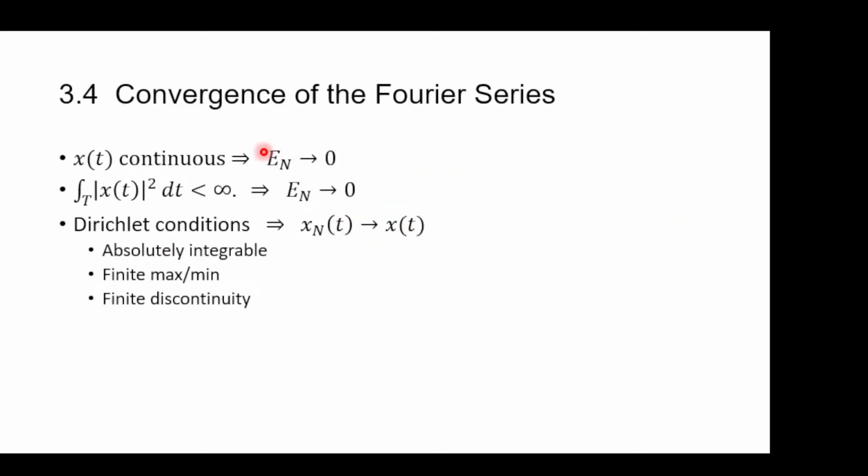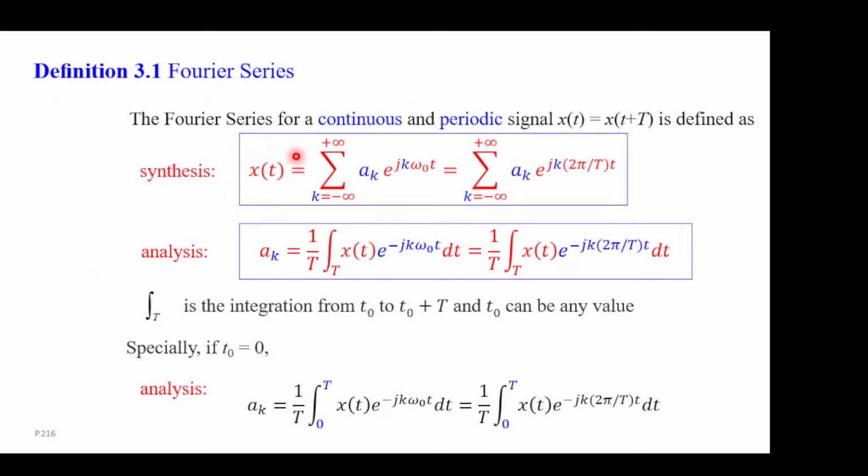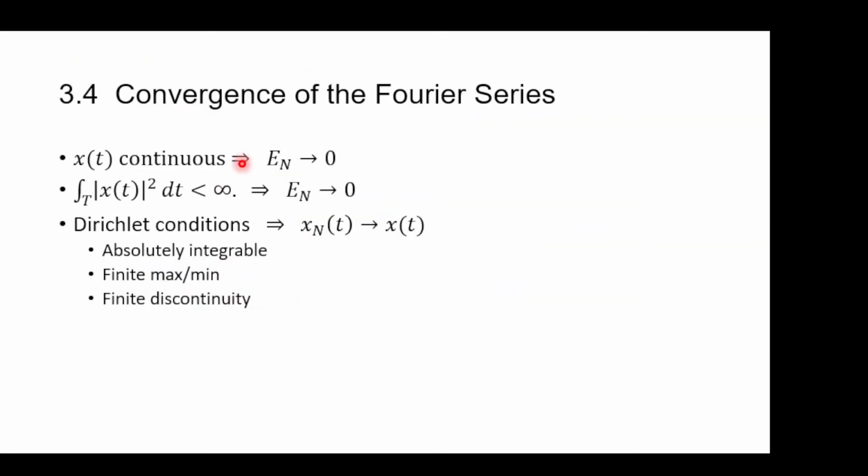By convergence, we mean the energy of the difference between your original signal and the limit of your series goes to 0. A continuous signal satisfies this, and if a signal has finite energy, then it's also good. Otherwise, we also have the Dirichlet conditions.